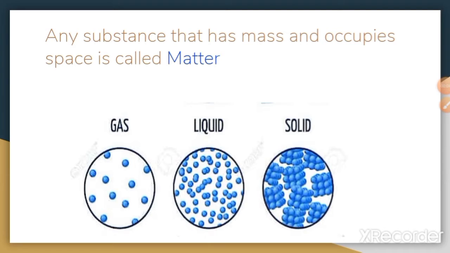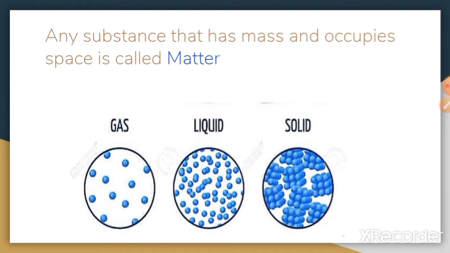Matter is made up of very tiny particles, and these particles are so small that we cannot see them with the naked eye. It has been observed that matter exists in nature in different forms. Some substances are rigid, hard and have a fixed shape, like wood and stone.